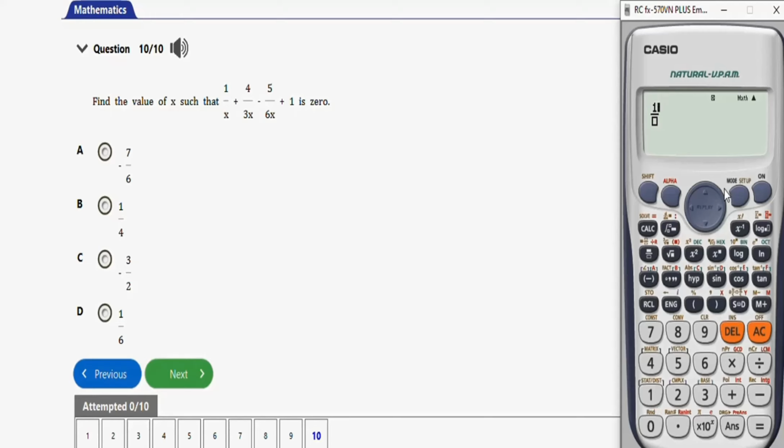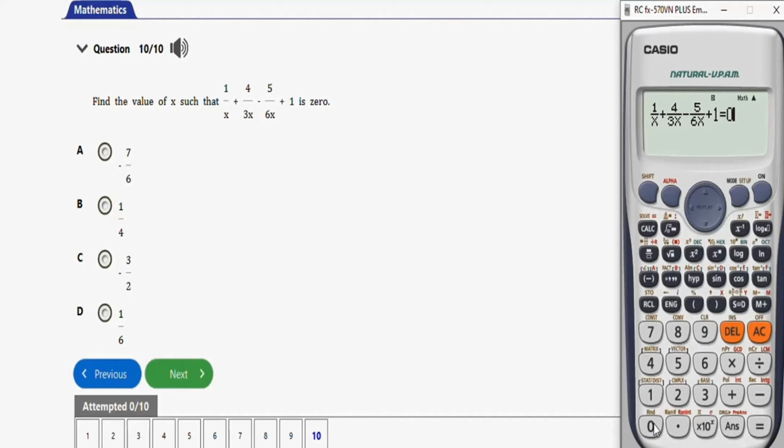We have 1 over x, plus a fraction 4 over 3x, minus a fraction 5 over 6x, plus 1. So that's what we have there. To solve, let's put equals 0, pressing alpha and the calc button.